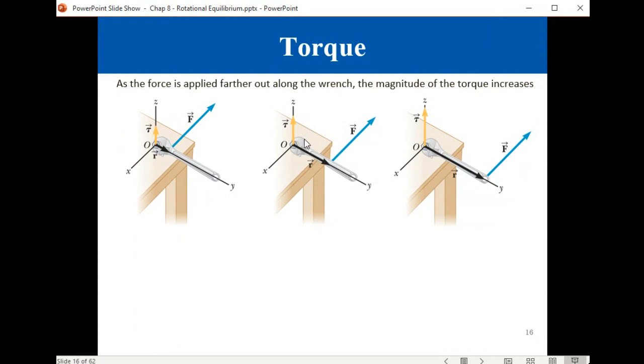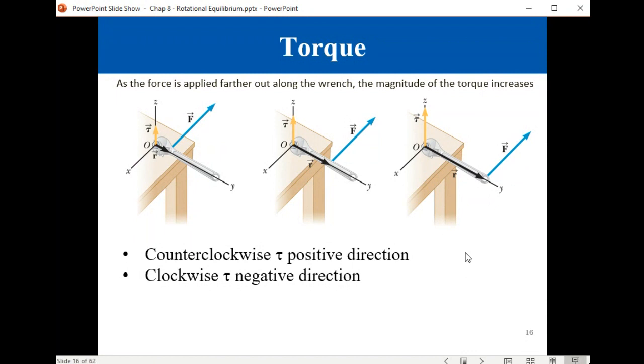So here we changed the point where we're applying the force. This way we have greater torque compared to the first figure. Then here we are increasing the lever arm even more compared to the second or first situations. So this situation will give us maximum torque, and the same force will have greatest effectiveness in this situation. So by just increasing the lever arm, with the same force, we were able to achieve the desired effect and loosen the bolt.